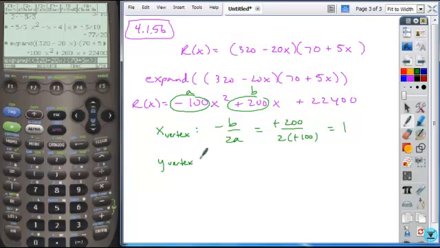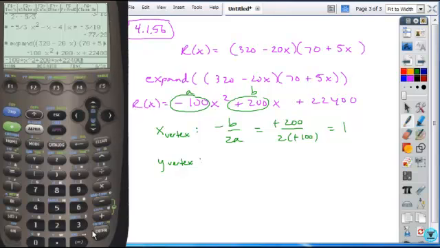That maximum revenue is going to be whatever this function is when you plug in a 1 for x. Okay? So again, I have my function written right here. So if I just take this function, enter that, and use my with key and say x is equal to 1, it's going to give me the corresponding y value when I plug in a 1 for my x.